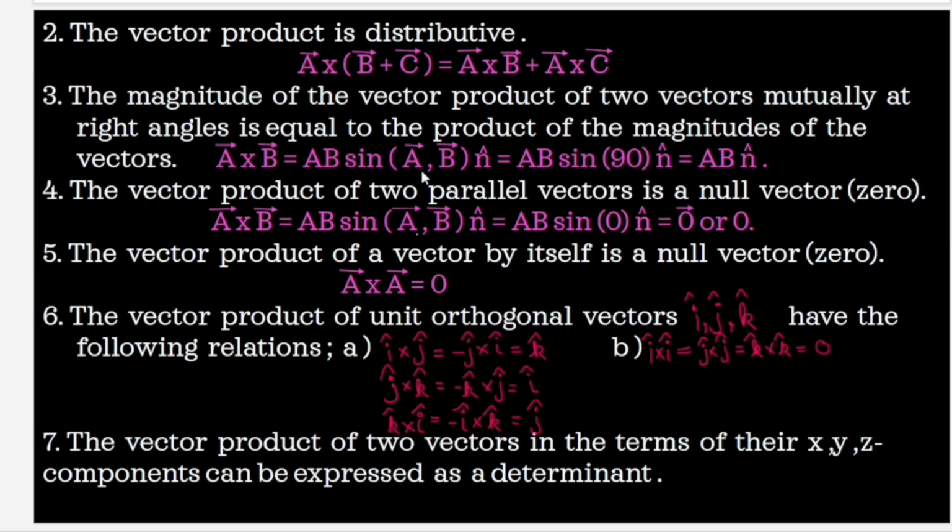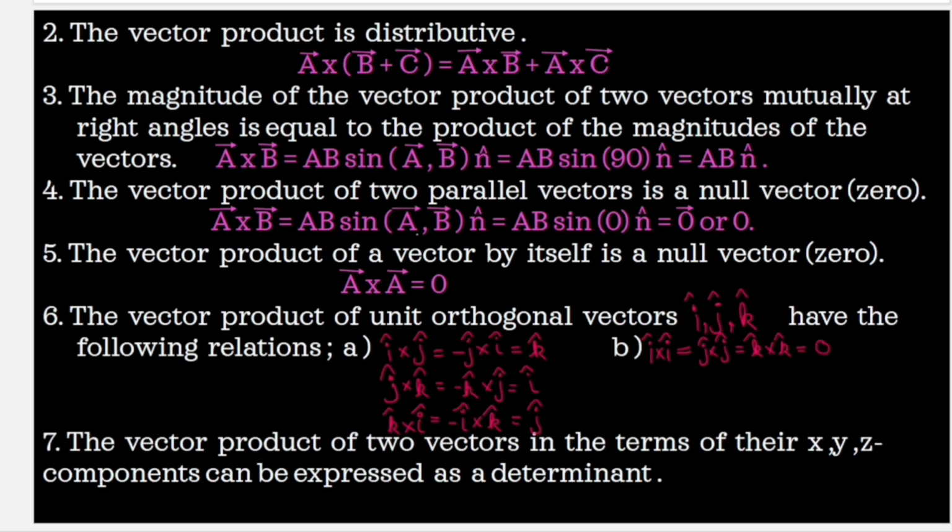We know that theta here is the angle between A vector and B vector. So A vector cross B vector is equal to AB sine 90 n cap, which will give us AB n cap because sine 90 is 1. Fourth property, the vector product of two parallel vectors is a null vector or 0, which means A vector cross B vector is equal to AB sine 0 n cap, which will give us 0 vector or 0.